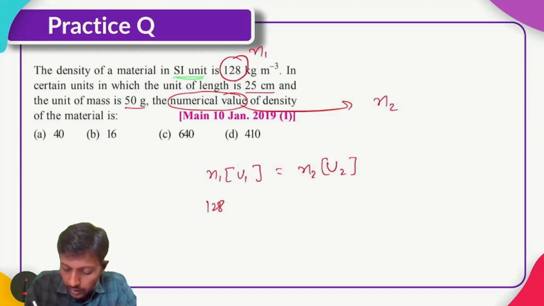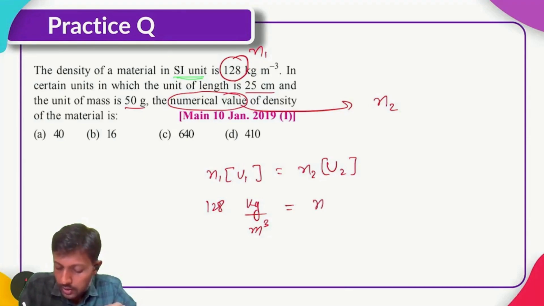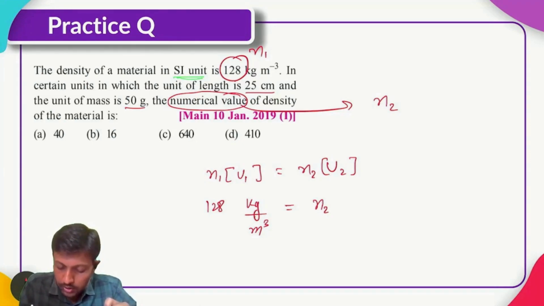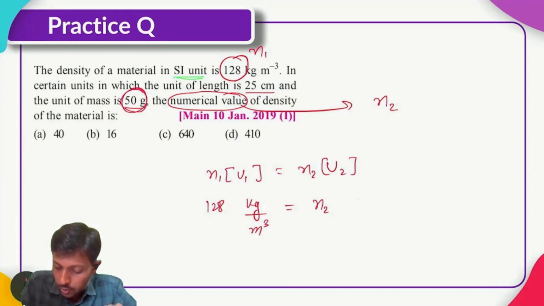N1 is 128, U1 is kg upon meter cube. This is equal to N2. N2 is unknown to us, so we'll leave it like that, N2 as a variable, U2. What is the unit of mass in the second unit? The unit of mass is 50 grams. So you write 50 grams here.